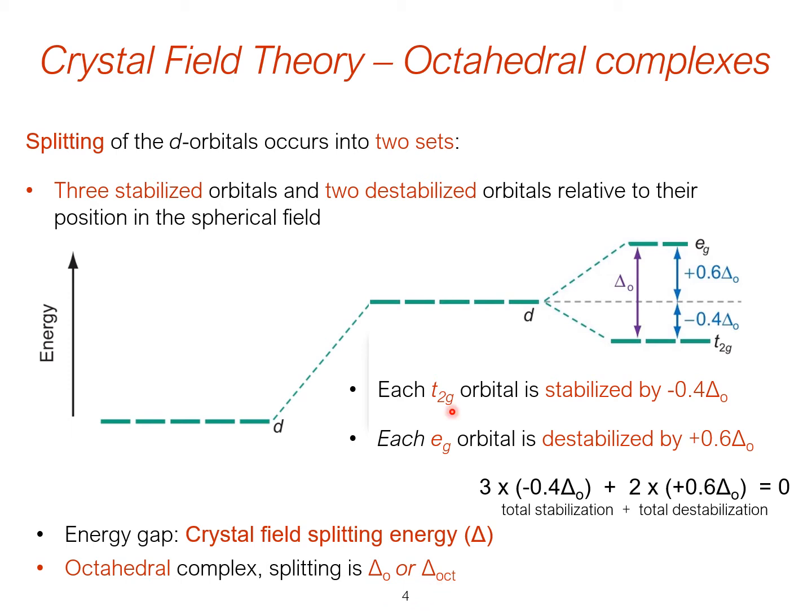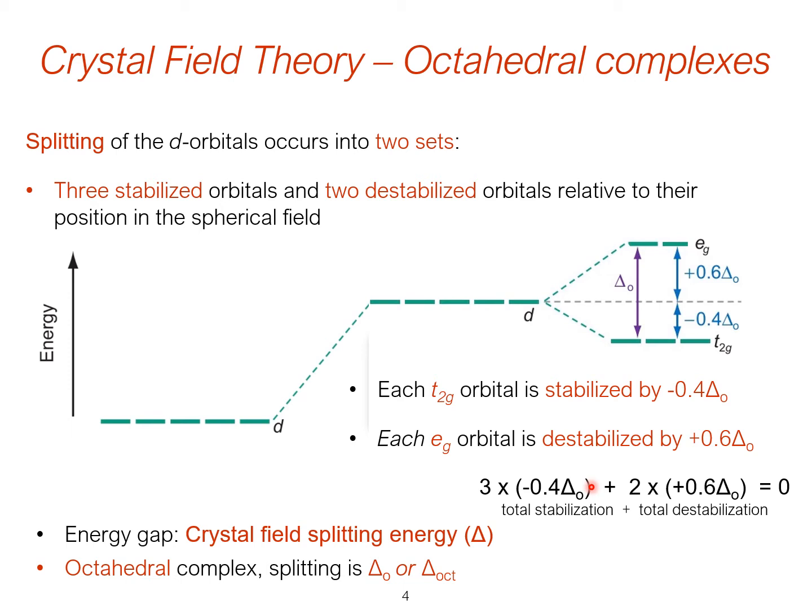And we can work out how much it's either stabilised or destabilised mathematically as well. So each T2G orbital, the ones lower in energy, is stabilised by minus 0.4 times delta O, so minus 0.4 times the crystal field splitting energy of the octahedron. And the EG orbitals are destabilised by plus 0.6 times the crystal field splitting energy.